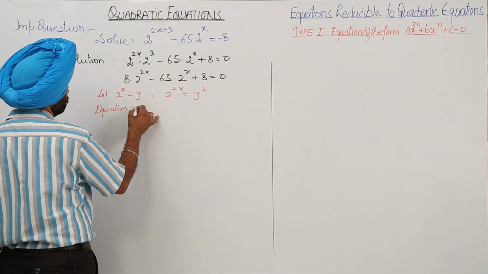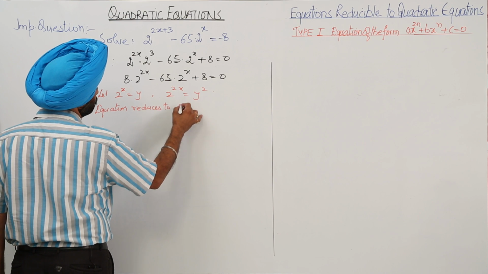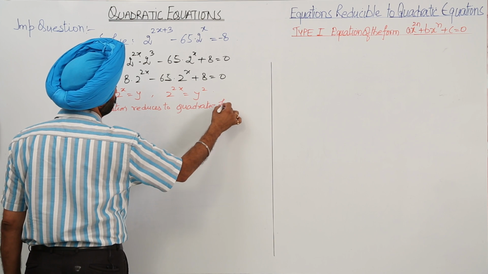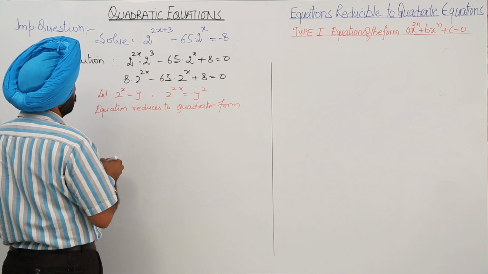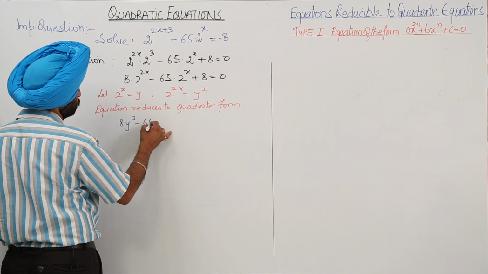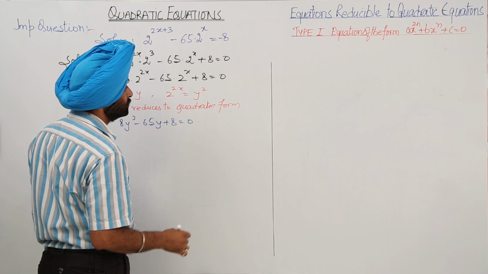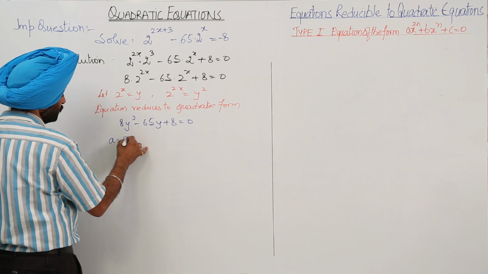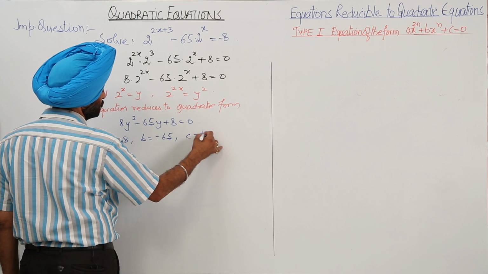The equation reduces to quadratic form: 8y square minus 65y plus 8 is equal to 0. Here, A is 8, B is negative of 65, and C is 8.